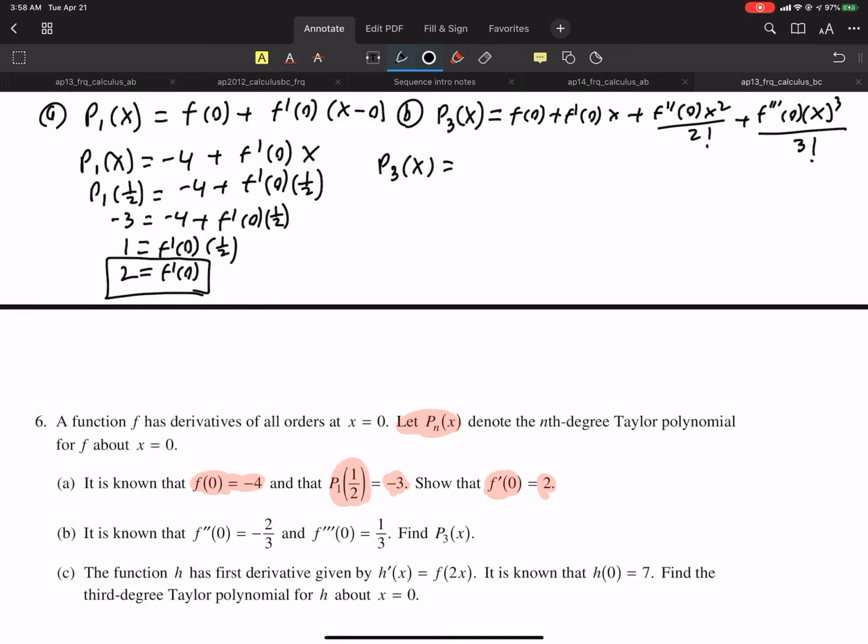F of 0 from the previous problem is -4. F prime of 0 from the previous problem, it's 2. F double prime of 0, we're told is -2/3. And then f triple prime, we're told is 1/3.